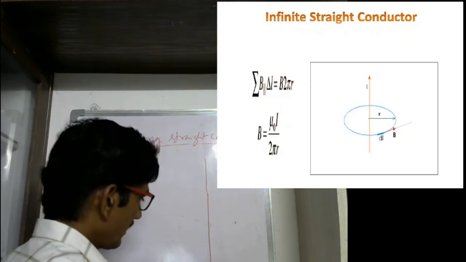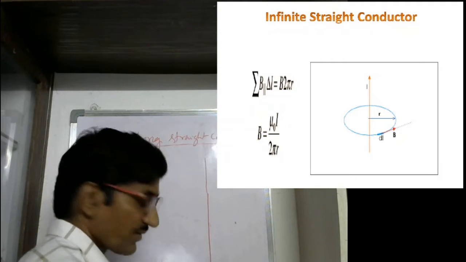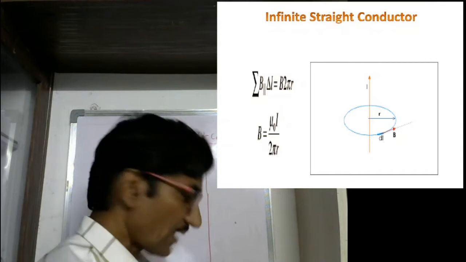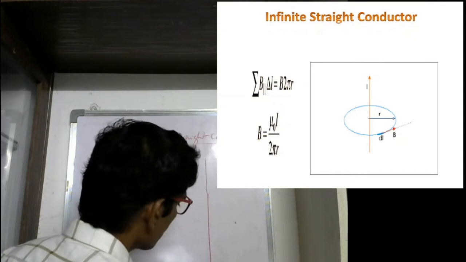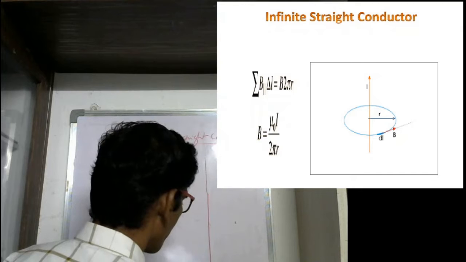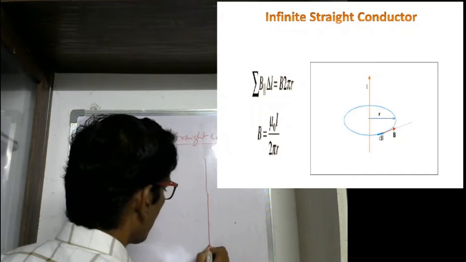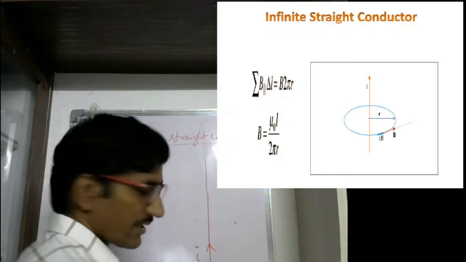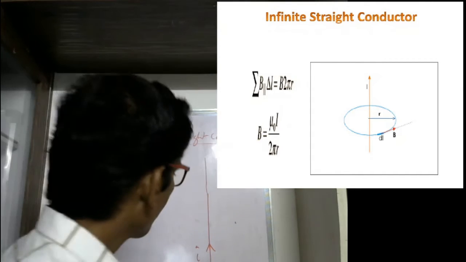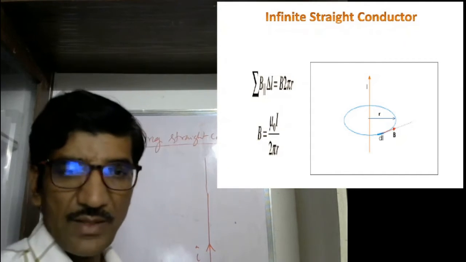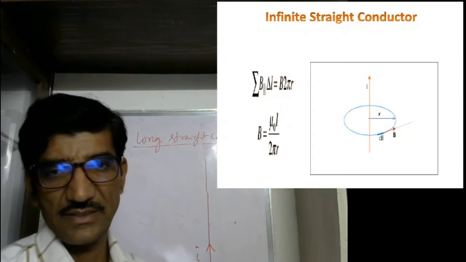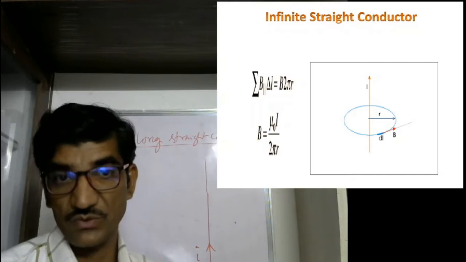Here the current I is flowing inside of this long wire. Now, in Ampere's law we have a line integral around some closed curve.